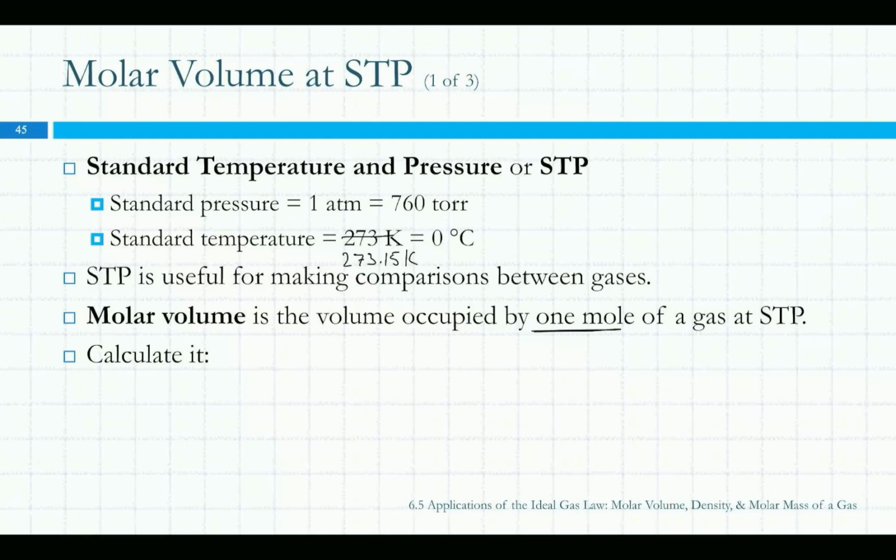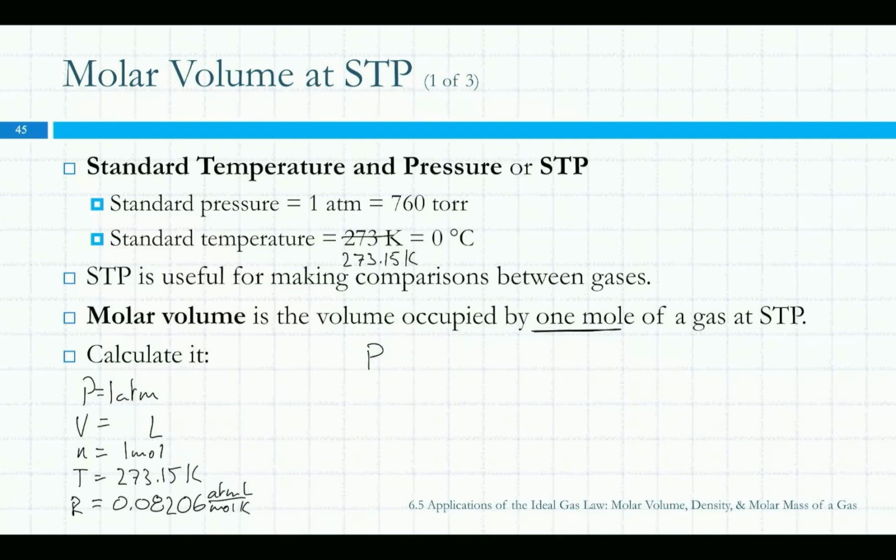So we can plug all of those in. Our pressure is 1 atmosphere. Our volume is what we're going to be finding, in liters. n is 1 mole. T is 273.15 Kelvin. And R is 0.08206.